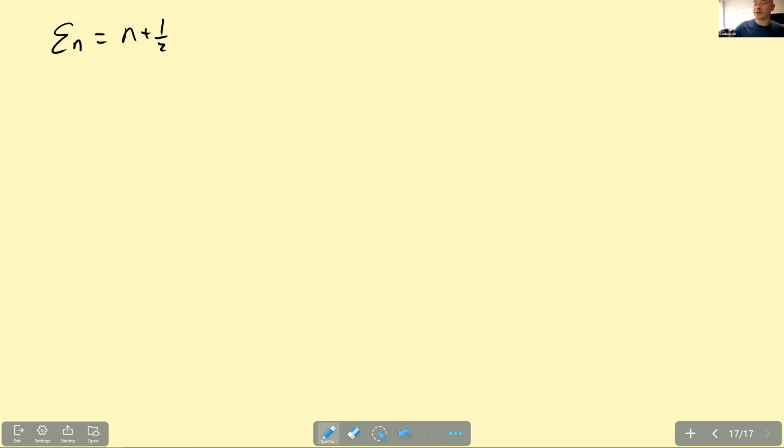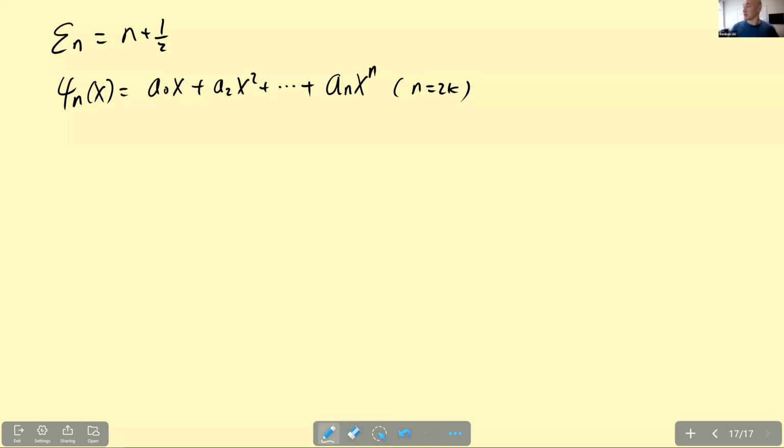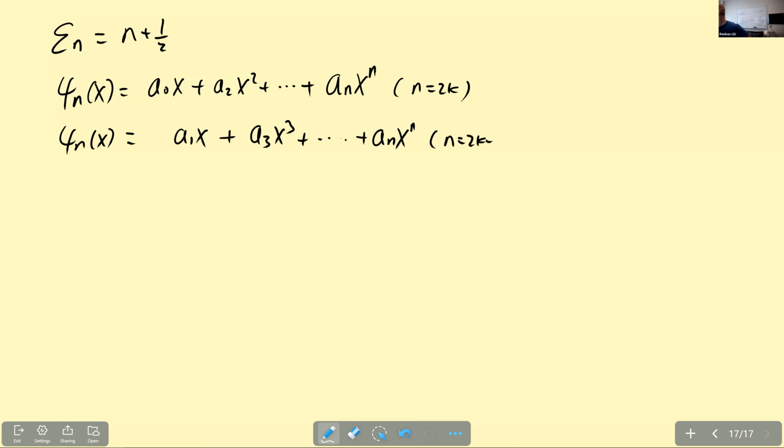And you also have psi m x equals a0 plus a2 x squared, and the last term will be a m x to the power m, for m equals 2k, for even states. And then for the odd states, that equals a1 x plus a3 x cubed, and plus again a m x to the power m for m equals 2k plus 1.